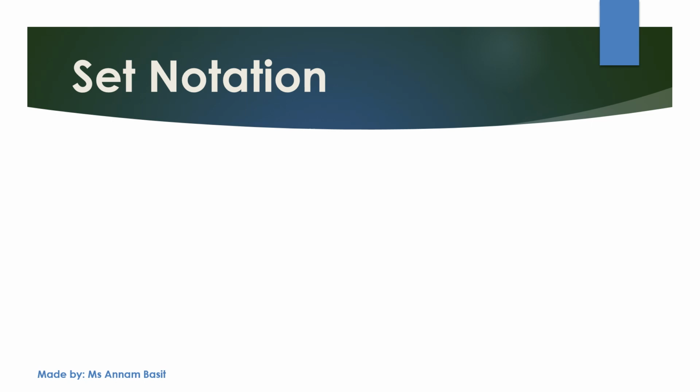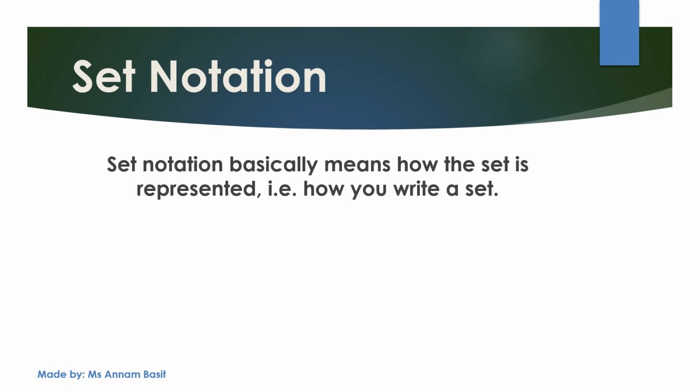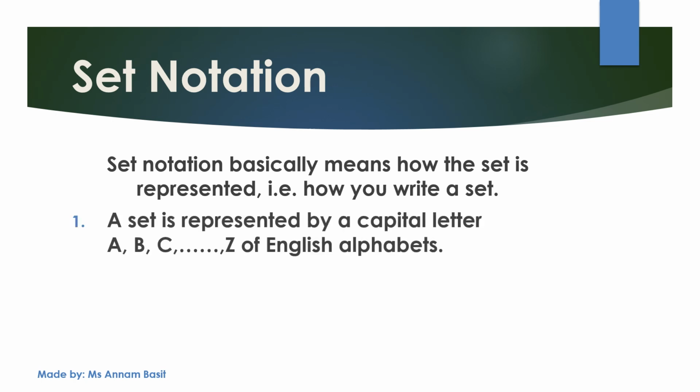So first let's see the set notation. Set notation basically means how you're going to write a set or how you're going to represent it. There are two things that should be there when you're writing a set. First, a set is represented by a capital letter, A, B, C till Z of the English alphabet.